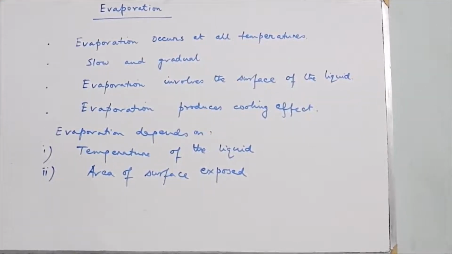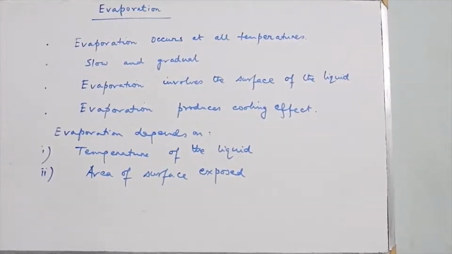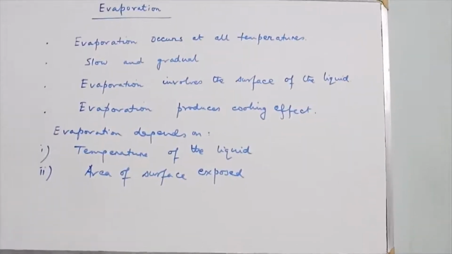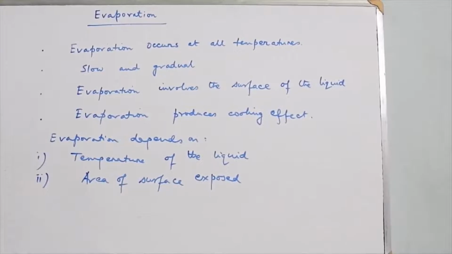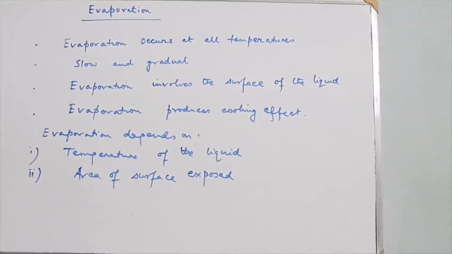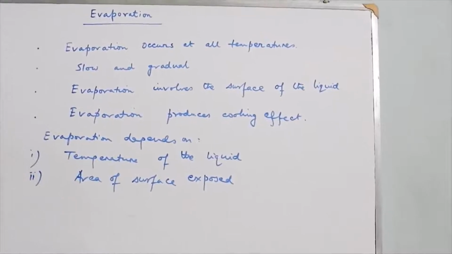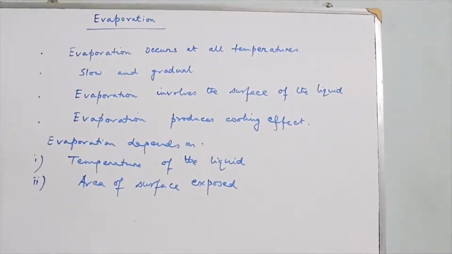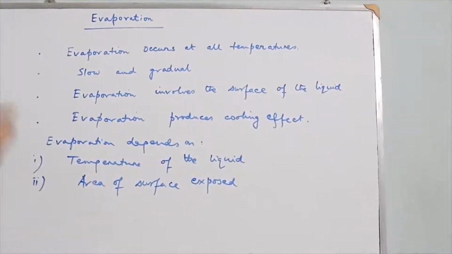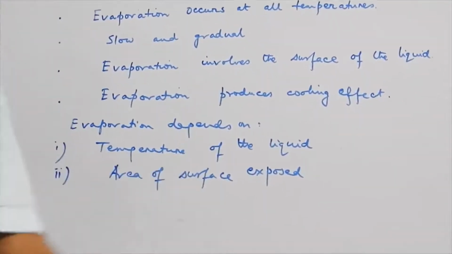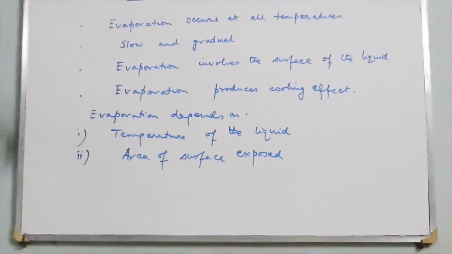Suppose we want to cool some hot coffee or hot tea. We generally pour that hot coffee or hot tea on a saucer, and a saucer having a large surface area allows the liquid to cool faster, which means that the liquid will evaporate faster if the area of the surface is increased.